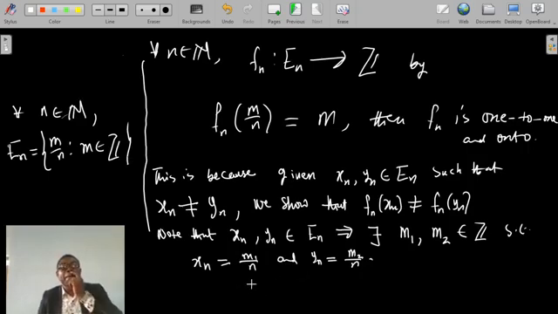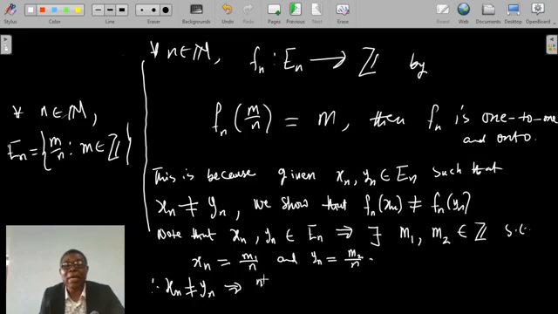So if we take Xn and Yn in En, what it means is that we can find two integers, M1 and M2, so that Xn is equal to M1 over n, and Yn will be M2 over n. What this therefore gives is that Xn not equal to Yn implies that M1 over n is not equal to M2 over n.